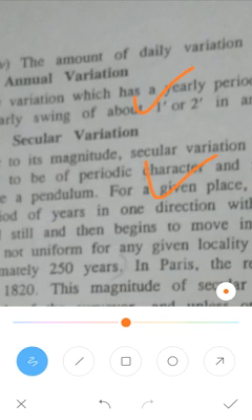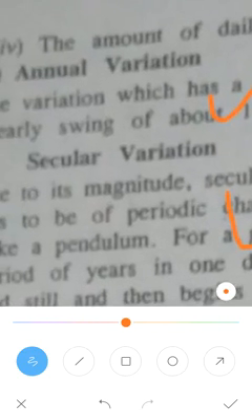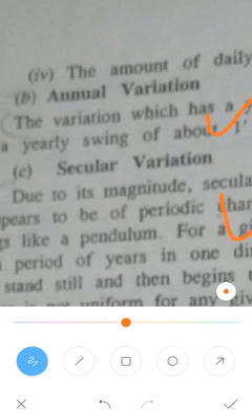Secular variation, the major important one for the work of the survey, appears in periodic character and follows a roller coaster pattern, like a sine wave, upward and downward, like the swing pattern of a pendulum.